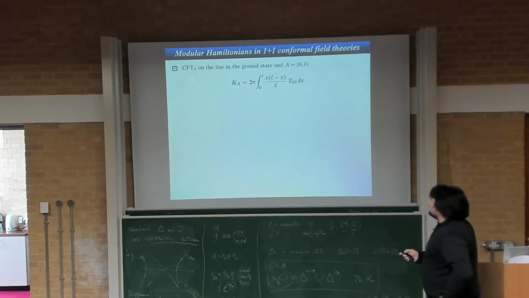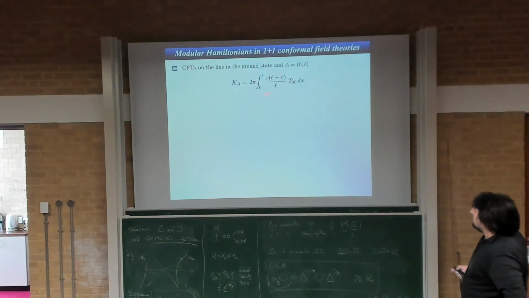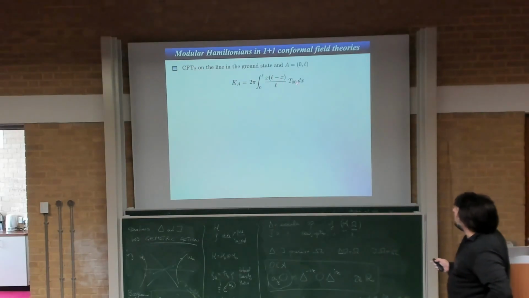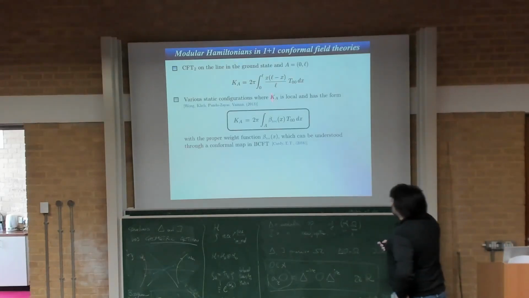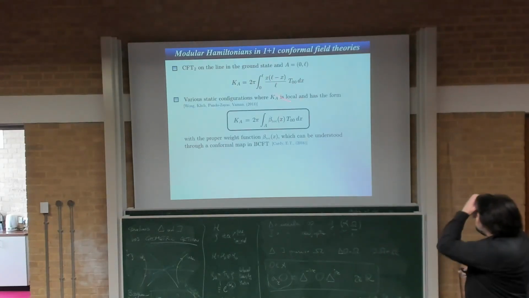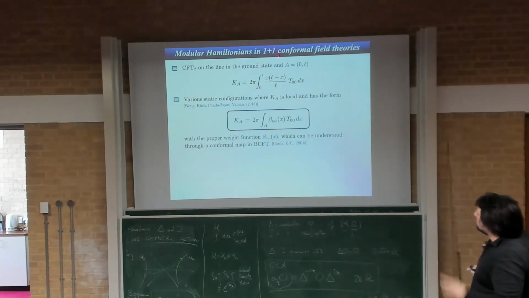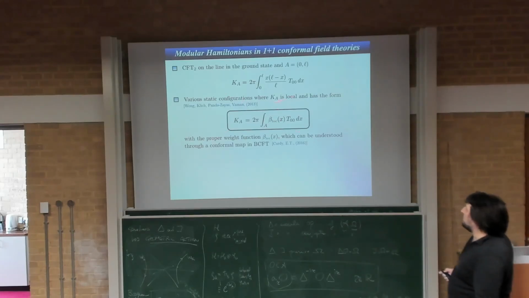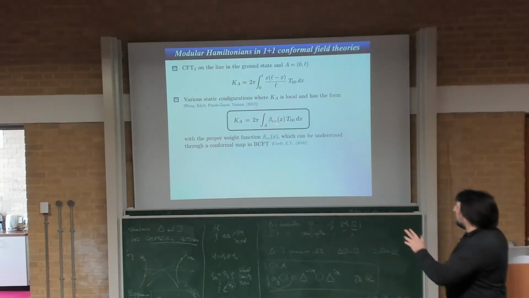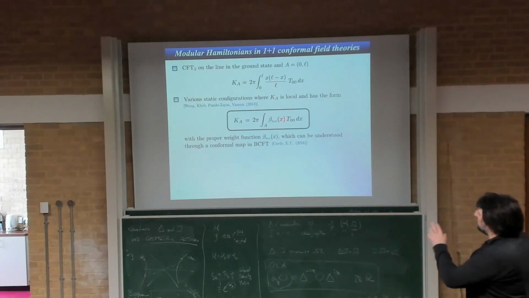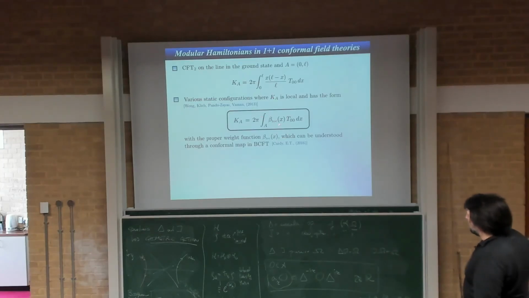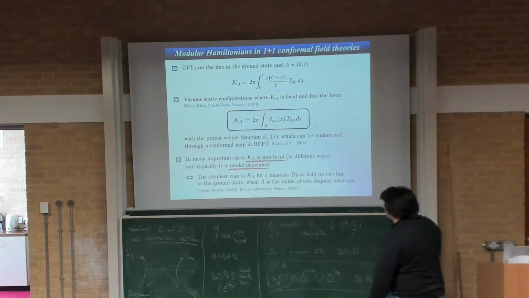If you restrict to 1+1 dimensions, it's just this parabola, where L is the length of the interval. People study the most generic cases, where this function becomes one that knows about a thermal state, or find all the possible configurations that you can do with conformal mapping.